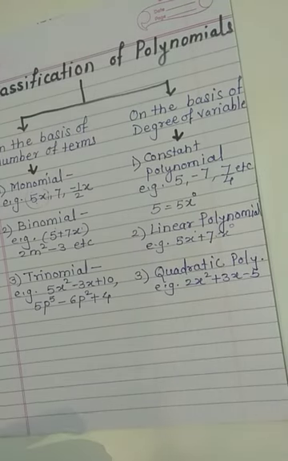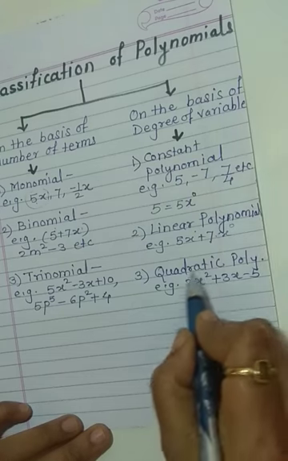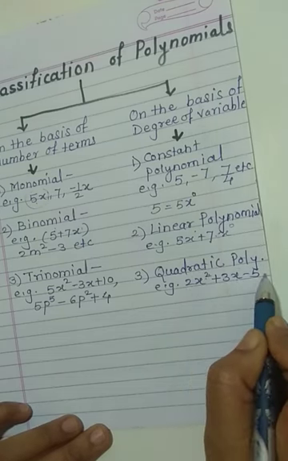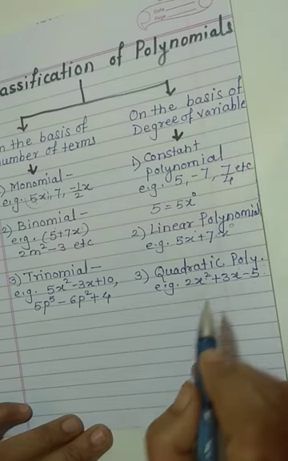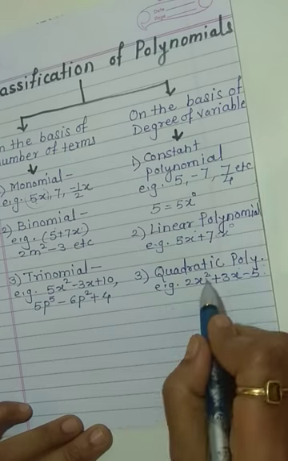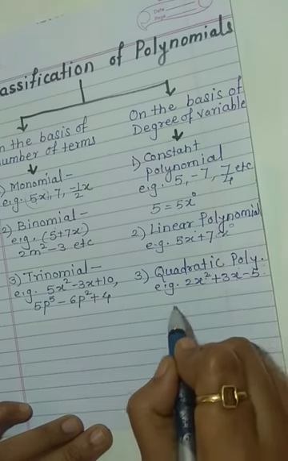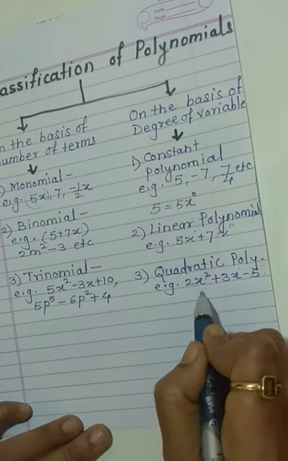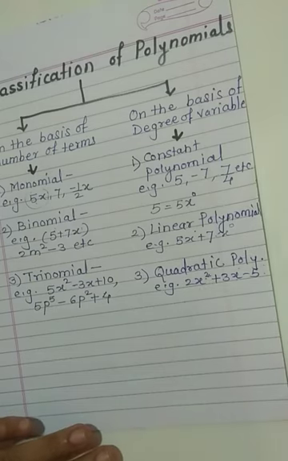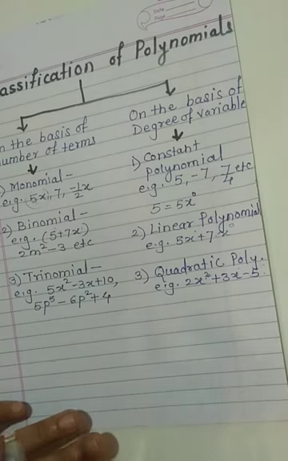Now here the power of the variable x in the first term is 2, in the second term it is 1 and in the third term it is 0, and therefore among these three powers the highest number is 2 and therefore it is a polynomial having the highest power as 2, so it is its degree, and therefore a polynomial having degree 2 is known as the quadratic polynomial.